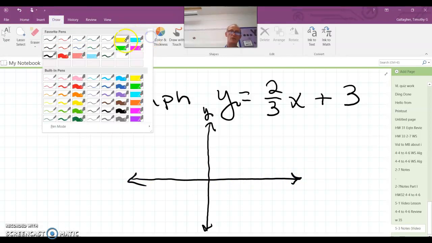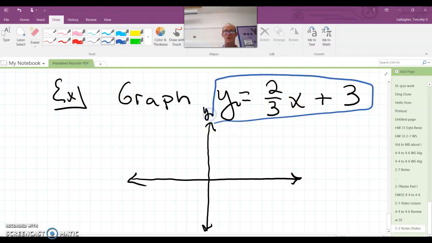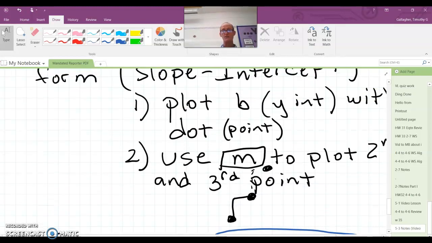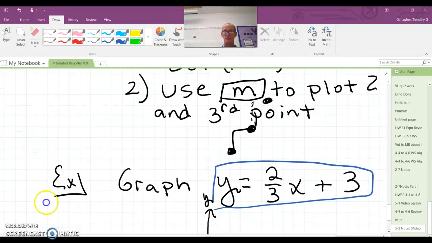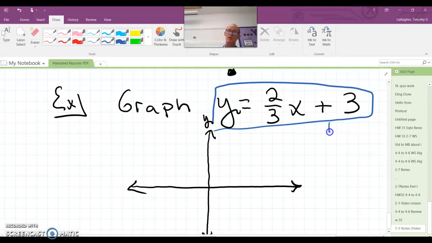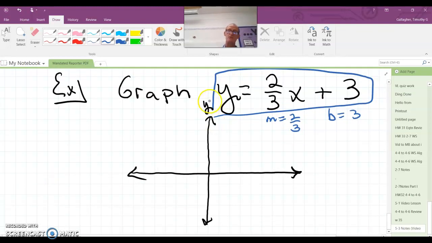I'm going to do this in blue. The steps are to plot b with a dot and use m to plot second and third points. So b equals 3, m equals 2/3. That's the slope, and this is the y-intercept. So I'm going to plot b.